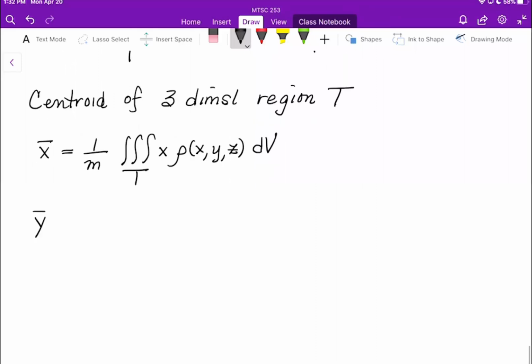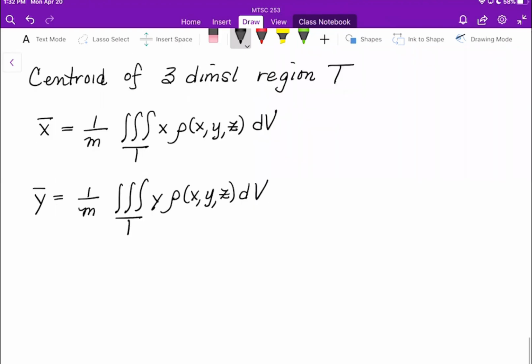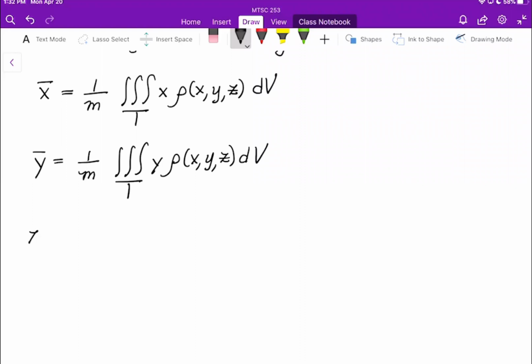The y-coordinate is 1 over the mass, the triple integral over the region of y times rho of x, y, z dV, and z is the triple integral over the region of z times rho of x, y, z dV.